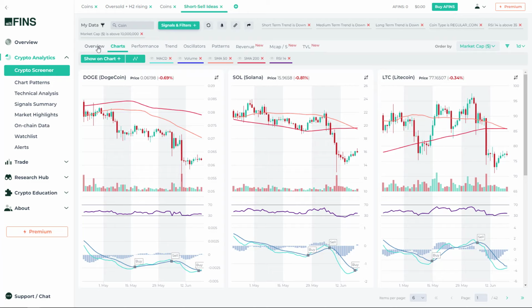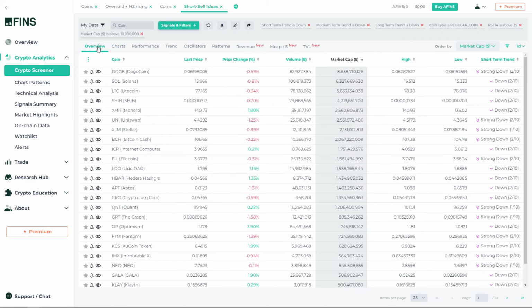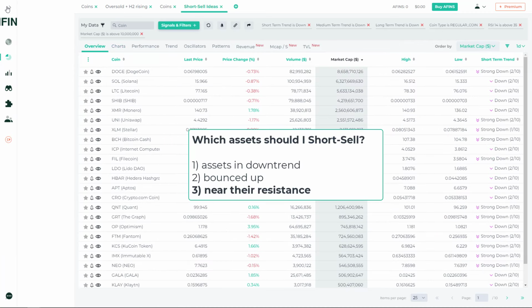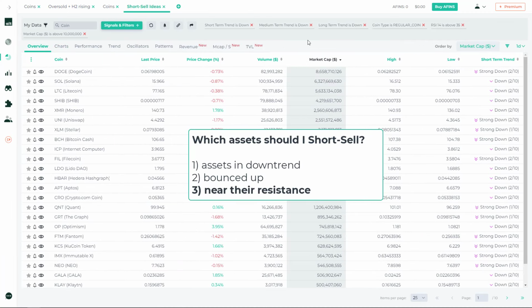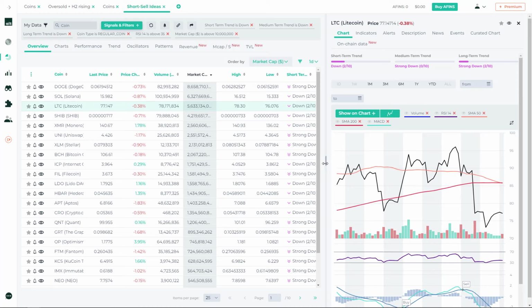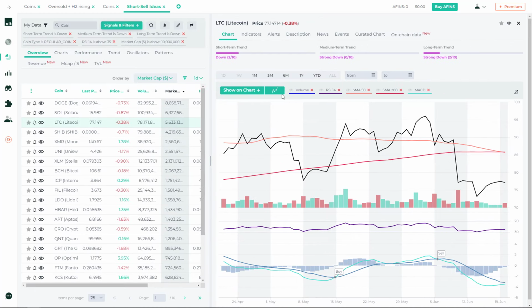Now what I want to do is figure out, well, are these prices approaching the next resistance level? That is the ideal trade setup for short selling. They're in a downtrend, they've bounced back up, and they're also up against their resistance or near their resistance levels. Well, how do I find resistance levels?